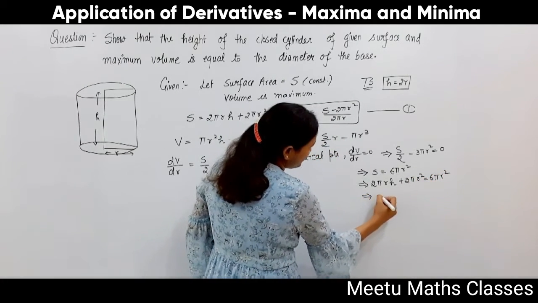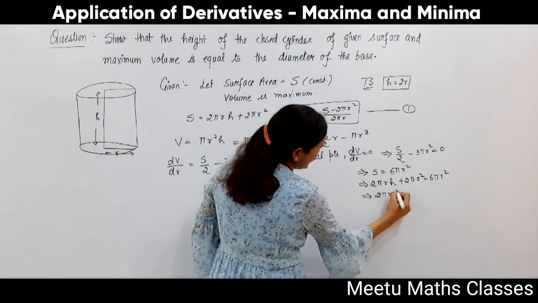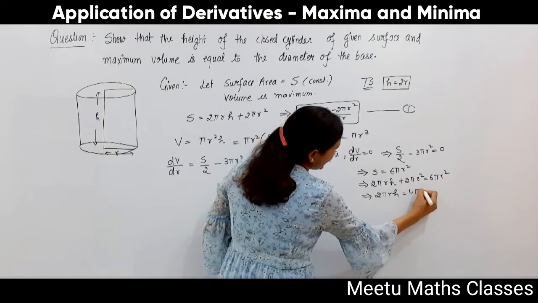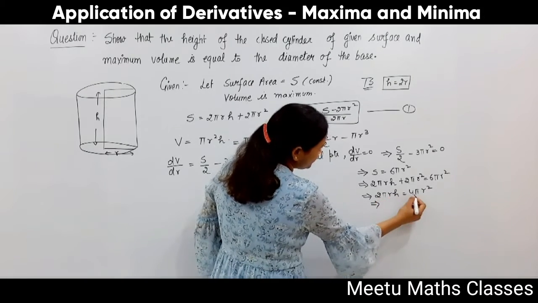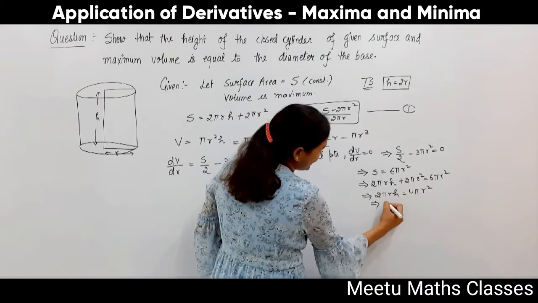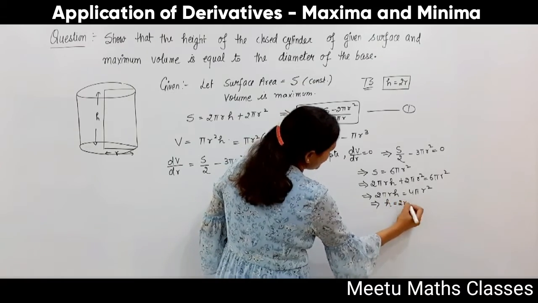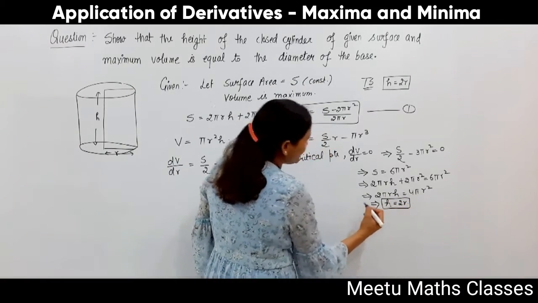So this will come 2 pi r h is equal to 4 pi r square, and 2 will cancel, pi and r will also cancel, h will be equal to 2r. So this is the critical point.